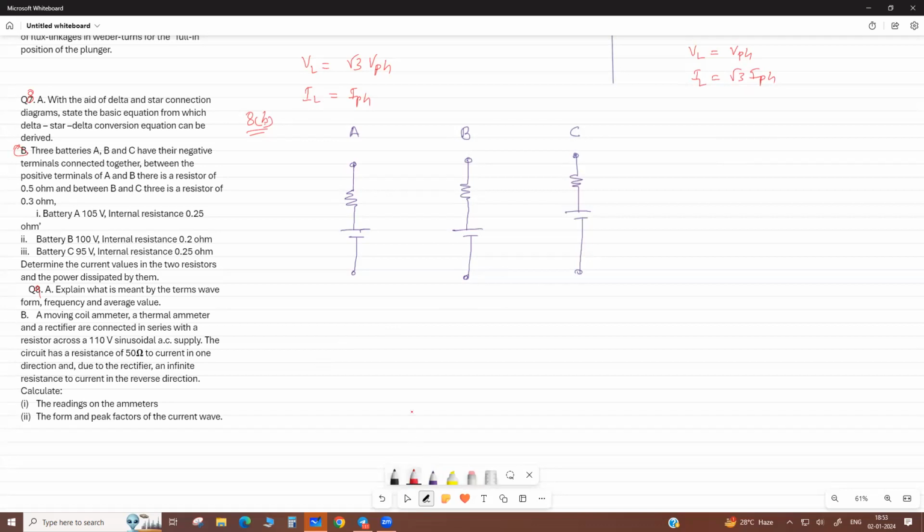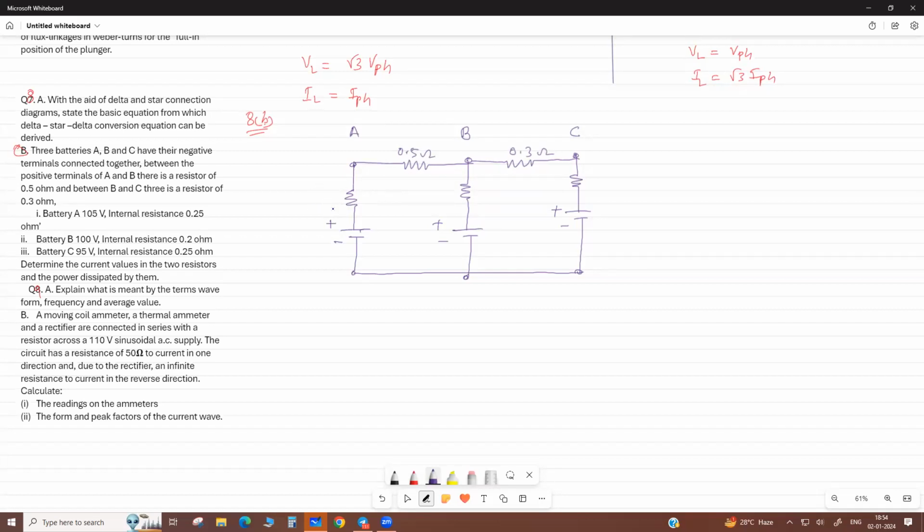Now these are the positive terminals and these are the negative terminals of the batteries. Their negatives are shorted. But between the positive terminals of A and B there is a resistance of 0.5 ohm, and between B and C there is a resistance of 0.3 ohm.